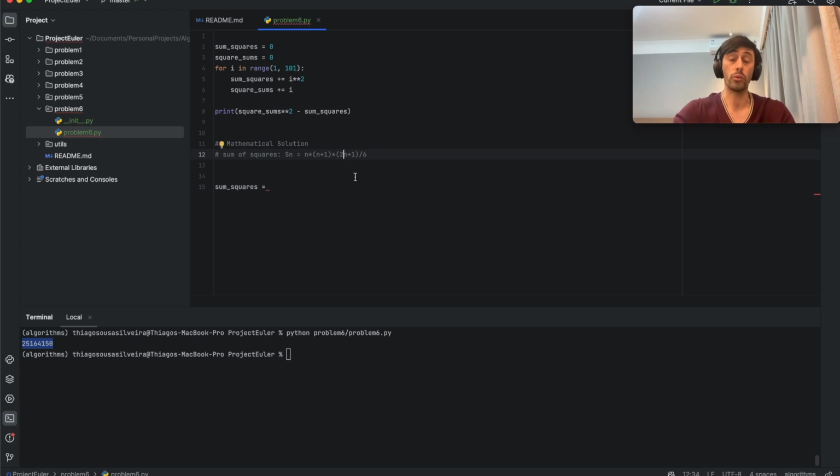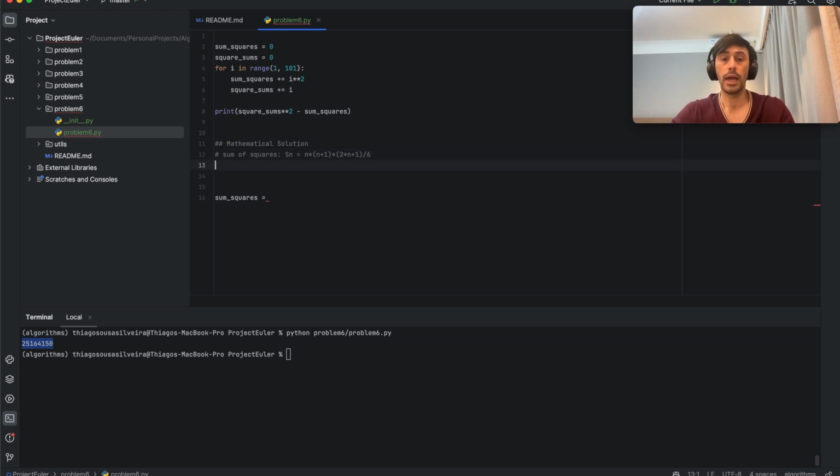There is a mathematical proof for this sum of the squares. If you want me to go that deep in why this is the formula for the sum of the squares, please let me know so that I can make this mathematical proof for you.